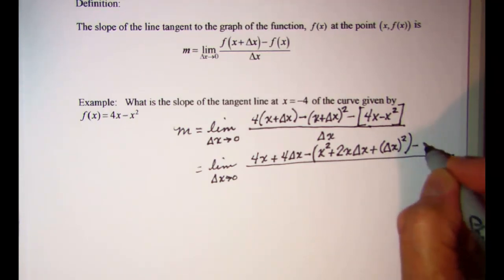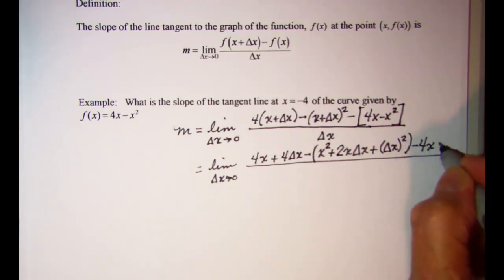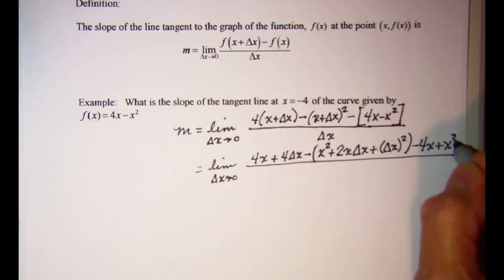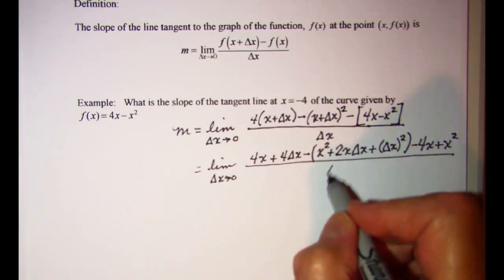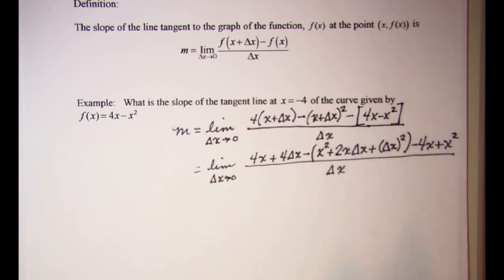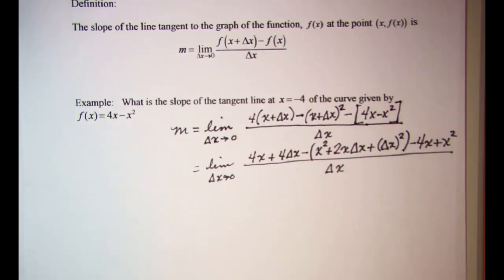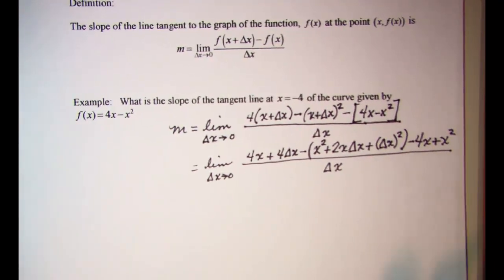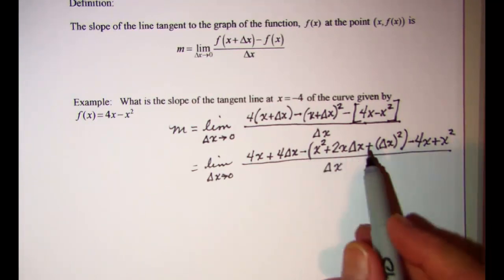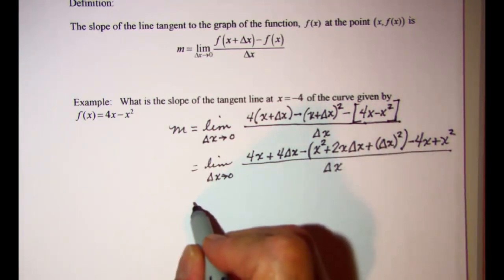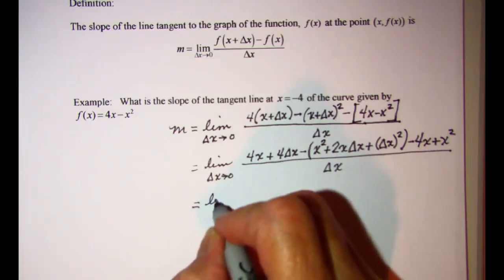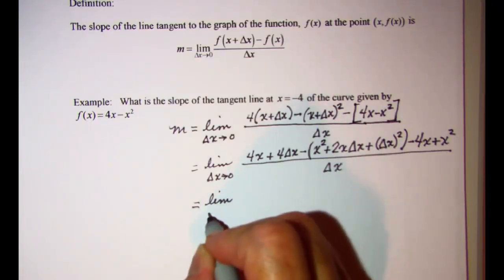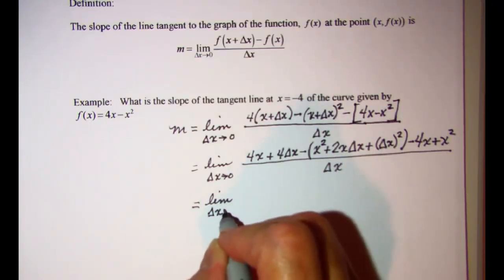So we'll have minus 4x plus x squared, all over delta x. Let's go ahead and distribute that negative, and then we can look to see what can cancel. And the limit as delta x approaches 0.